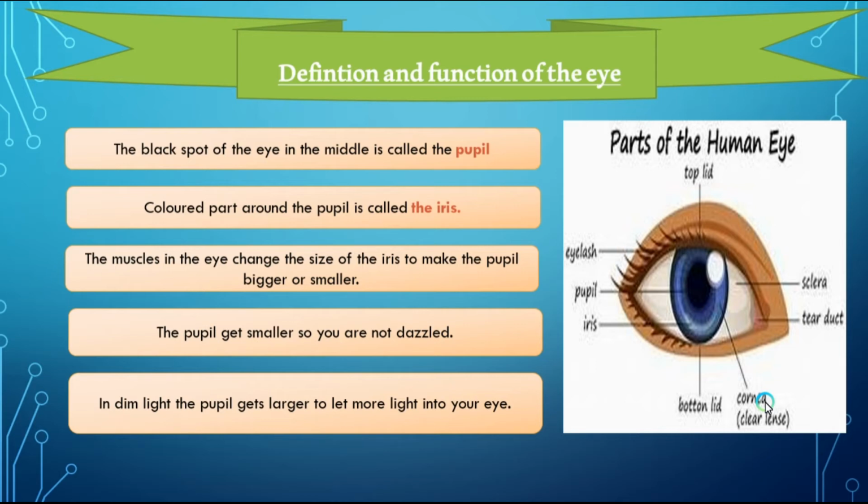If there is a lot of light in front of your eyes, the pupil will be smaller to reduce the amount of light entering your eyes, as you see here.